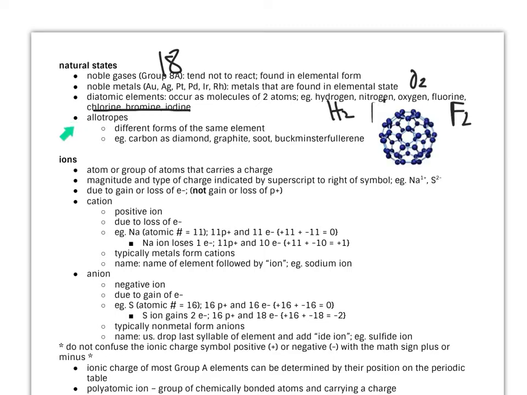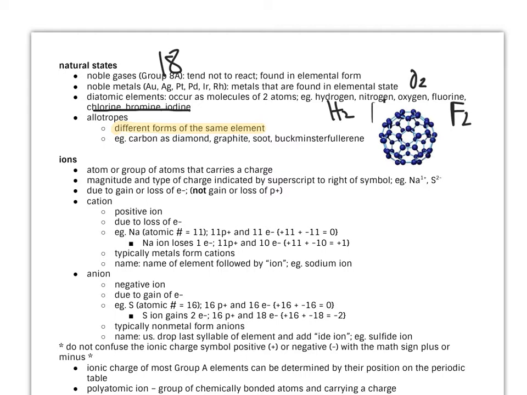So next, let's look at allotropes. And these are just different forms of the same element, meaning that they're still the same element, just bonded differently. Okay? We're going to highlight that because that's a definition.